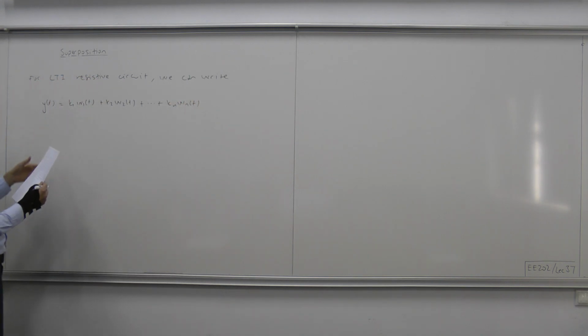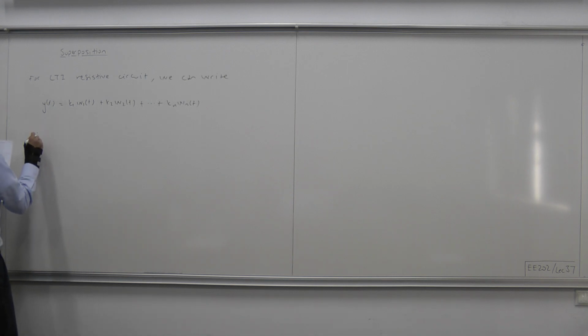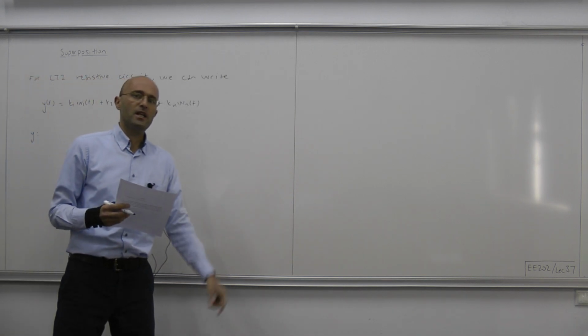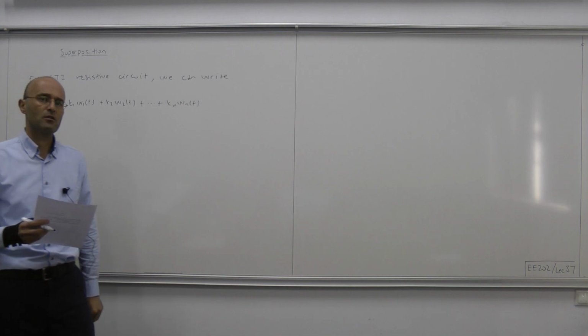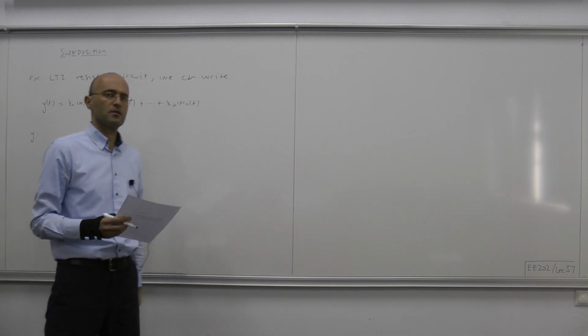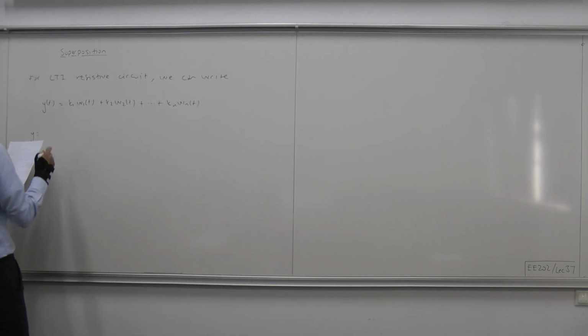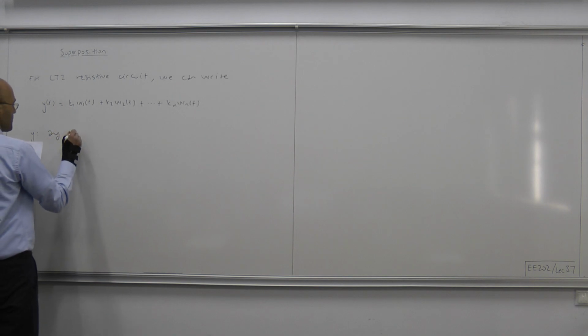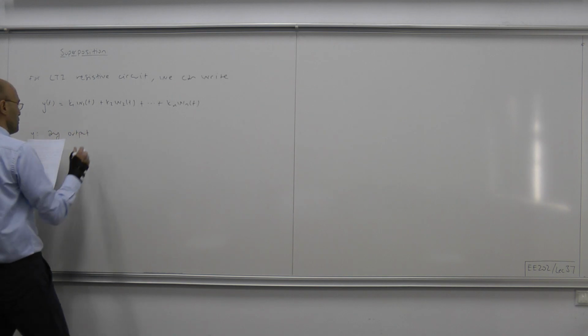Where y is any output, meaning any branch current or voltage that we're interested in. This is any output of the circuit.